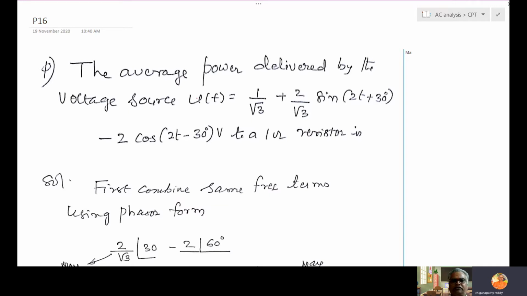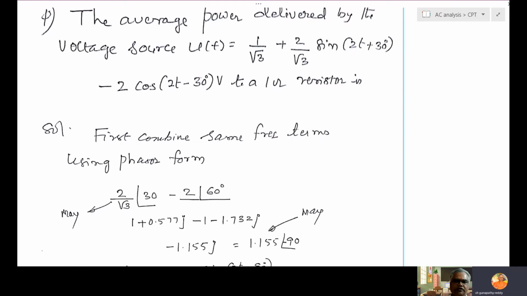Next: the average power delivered by the voltage source, the voltage source value is given, to a 1 ohm resistor. Indirectly, the voltage across the resistor is given and we are asked to find the power. Here 1 by root 3 is the DC signal, and here the frequency is 2, and here the frequency is 2.